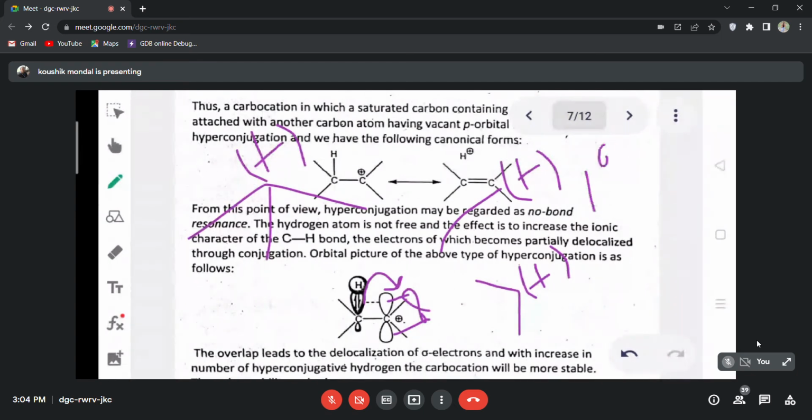So it is 1 degree, 2 degree and 3 degree.